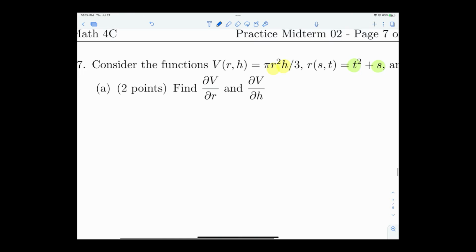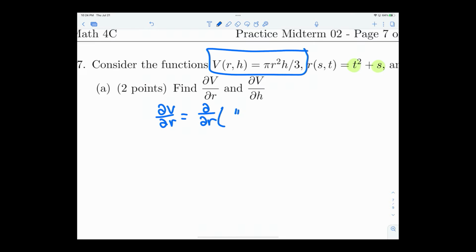But the first thing it says to find is partial of V with respect to R and partial of V with respect to H. So we're just going to be looking at this piece for right now. So partial of V with respect to R is, I'll write it, partial with respect to R of, let me just rearrange this a little bit. How about pi over 3 R squared H, right? I'm just taking the over 3 over to the left.